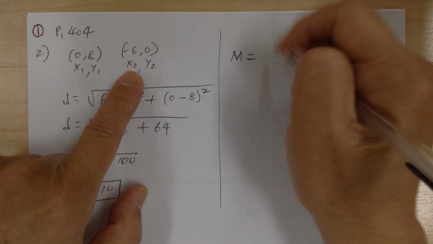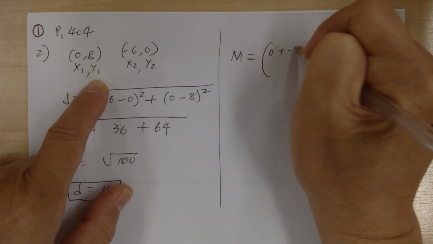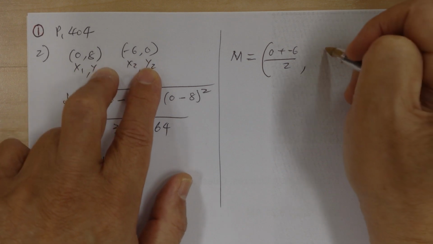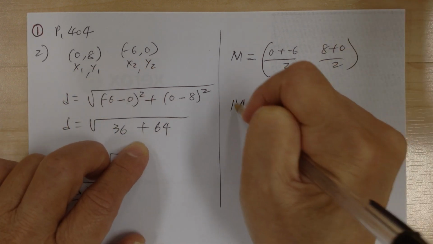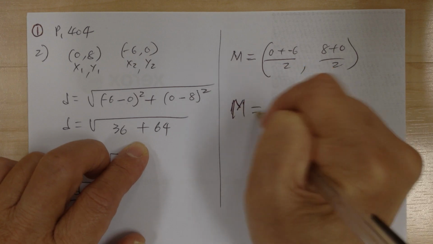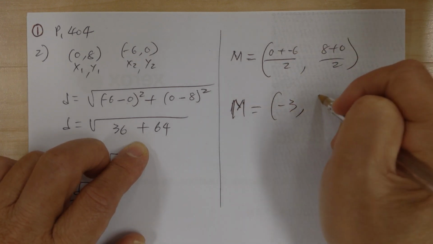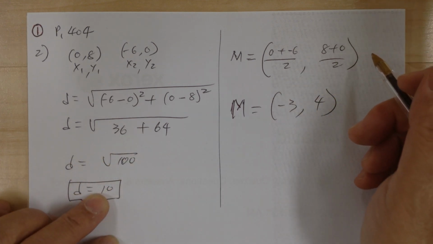The x would be just adding the 2, so 0 plus negative 6 over 2. That's for the x. The y would be 8 plus 0 over 2. So the midpoint M will equal, again, you figure it out, negative 3 comma 4. And that would be your answer for part B.